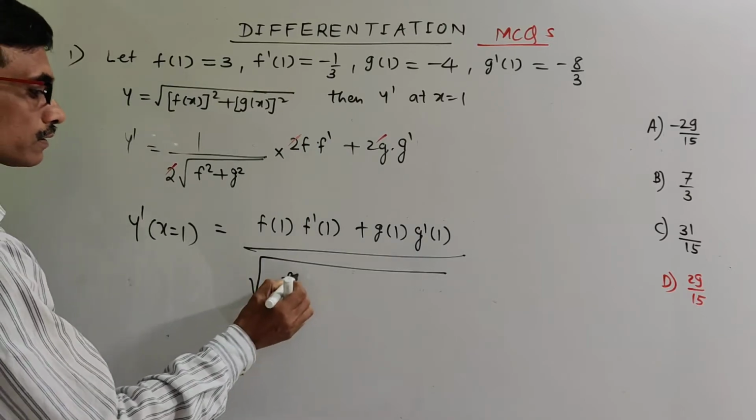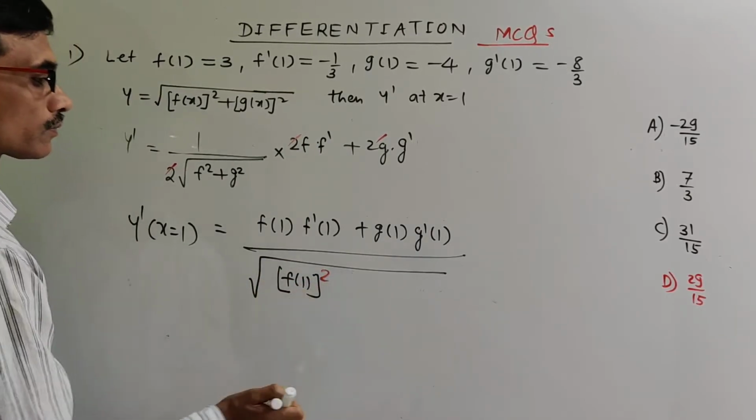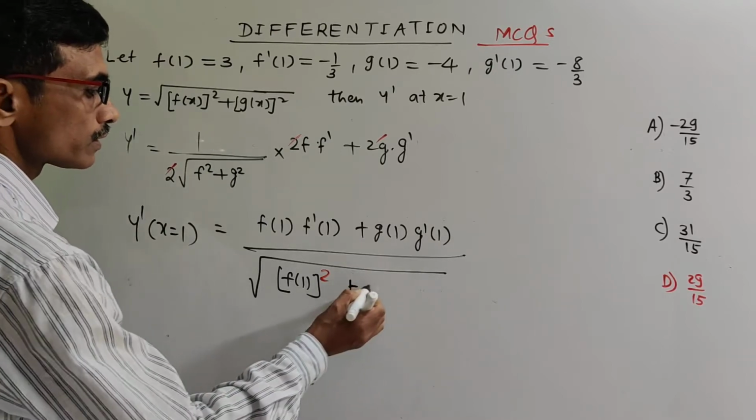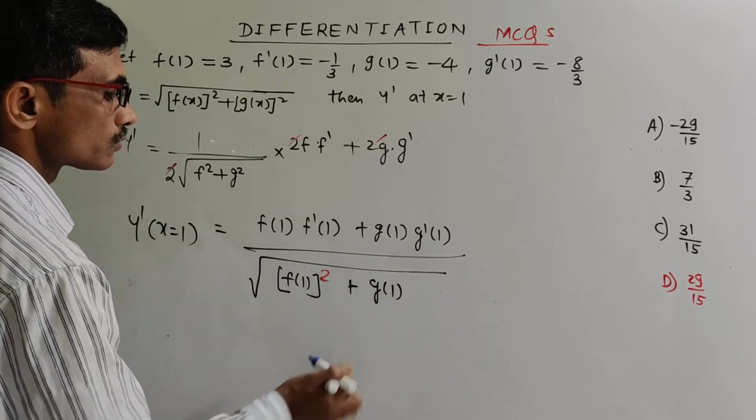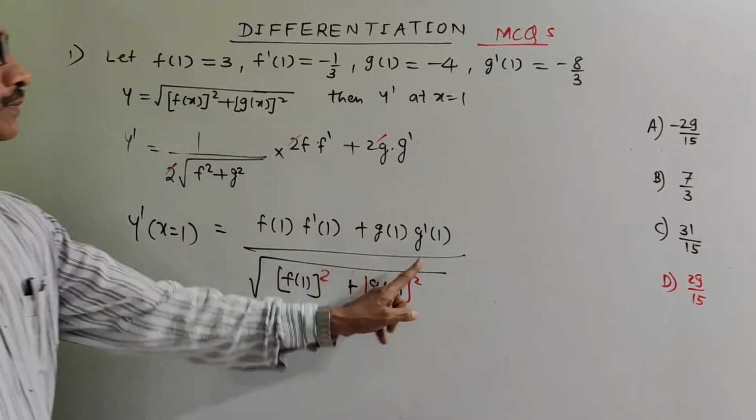f of 1 whole square plus g of 1 whole square, and square root of that.